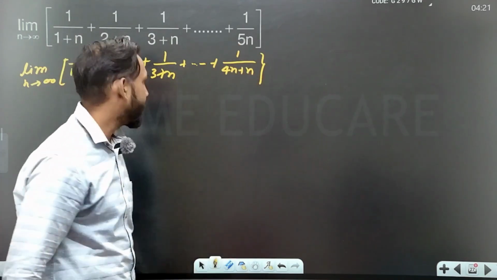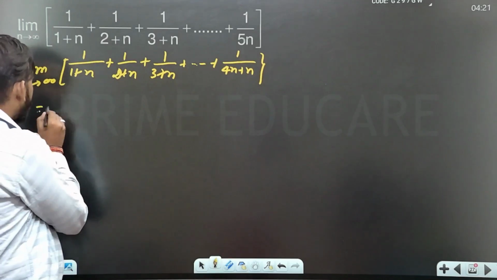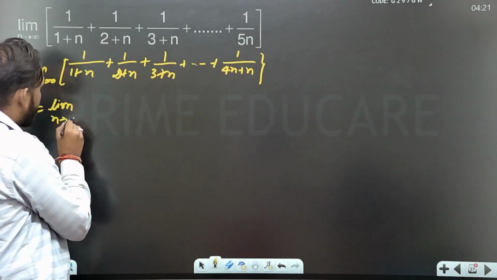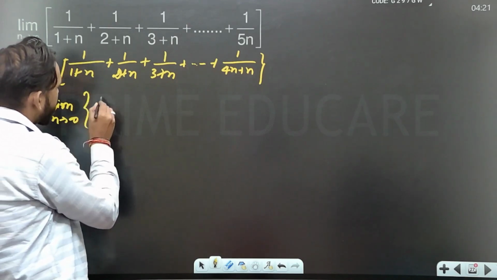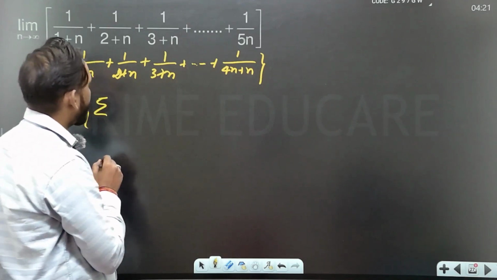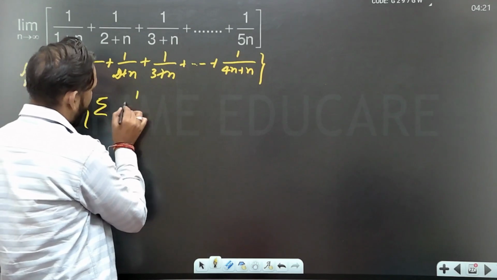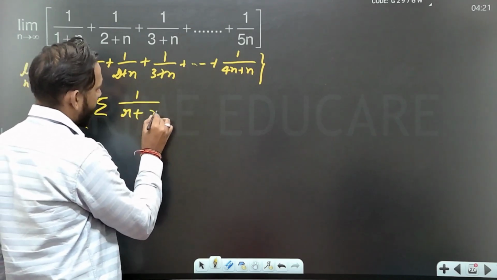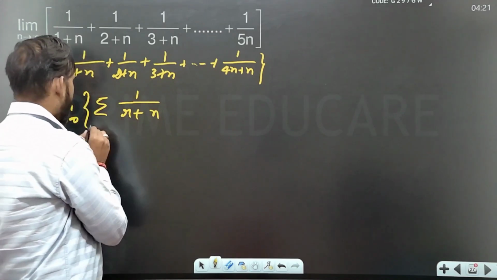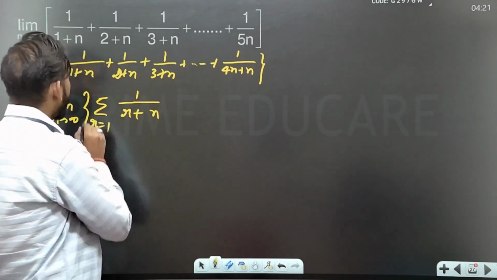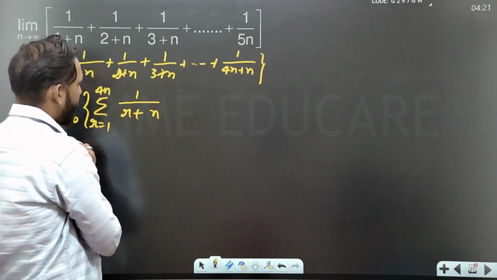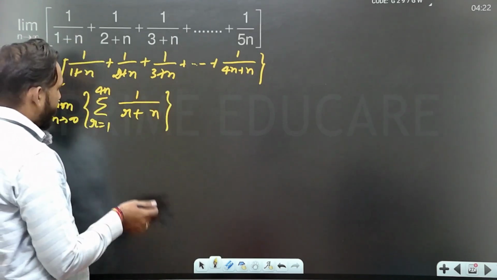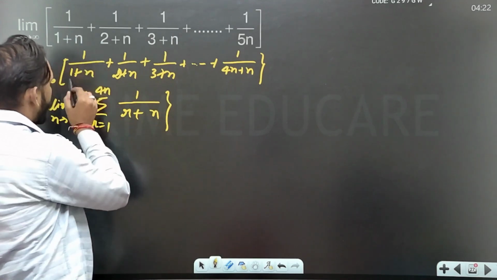Now if we want to write this in compact form, we can write the summation of 1 over r plus n, and r varies from 1 to 4n, right?